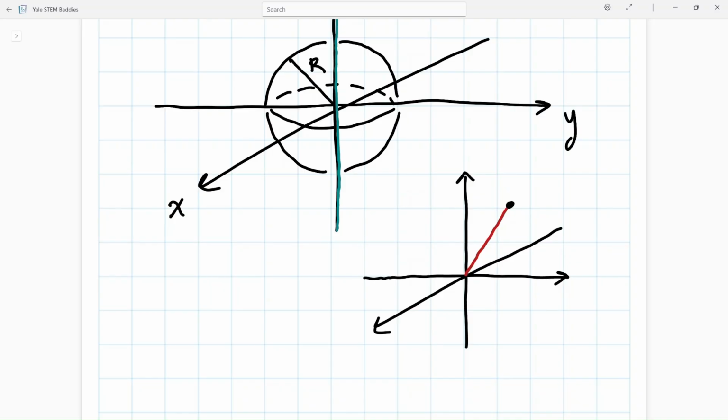We can call that little r. And then we also want to find the angle that red line makes with the z-axis. We can call this angle theta.